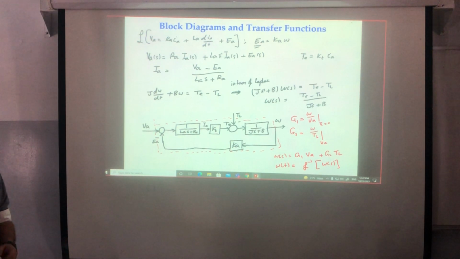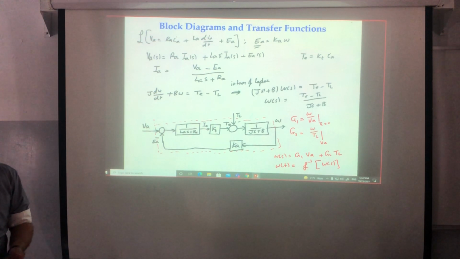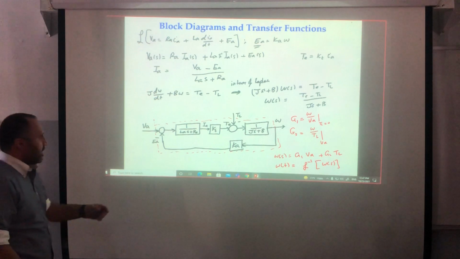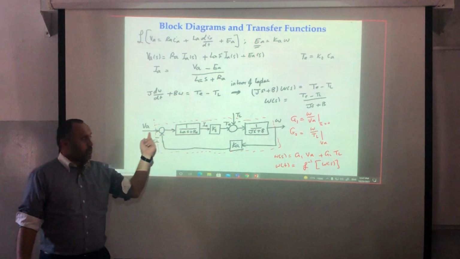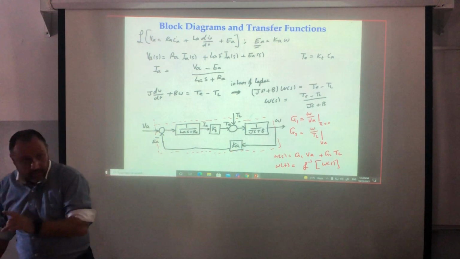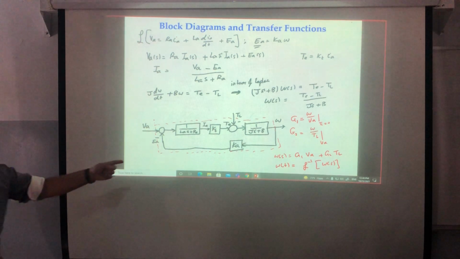Simply, I will deal with that with a much simpler thing. Imagine that you are doing the first thing, the block rotor. If I'm doing the block rotor, I'm having a first order system where the input is a voltage and the output is what? Torque. Yes, but KT, I don't know.